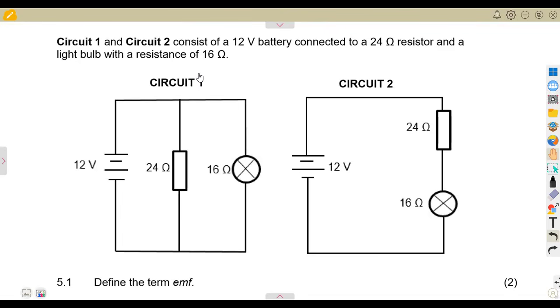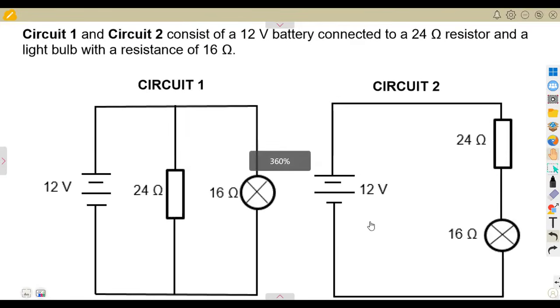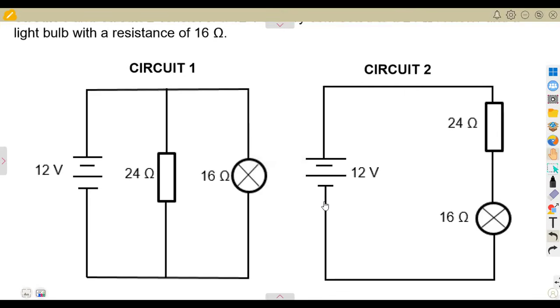So you can also put it that way, or you can compare the currents and see where there's a larger value of current compared to the other one. That is where we have the light bulb that is going to shine brighter. So it was going to be from the first circuit.